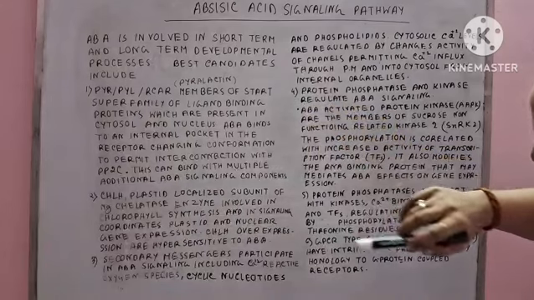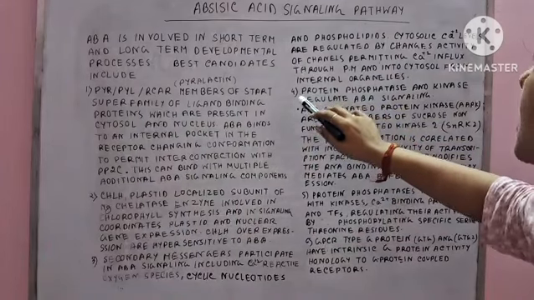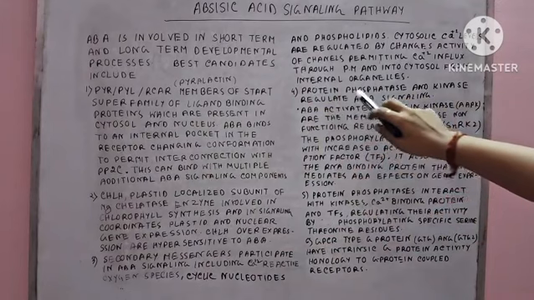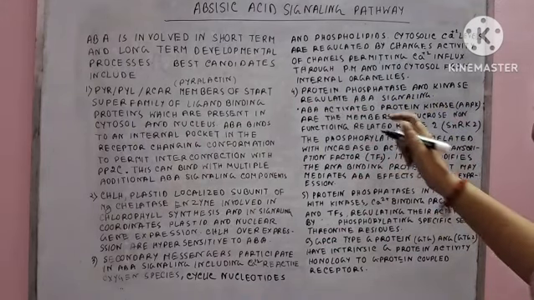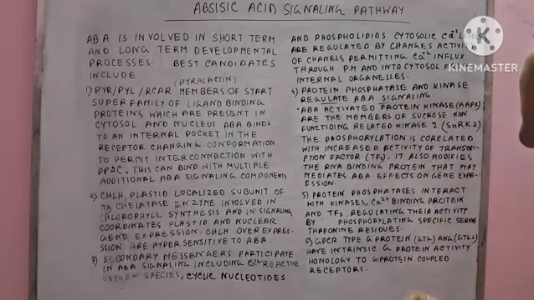And the fourth one is that there are some protein phosphatases and kinases. These also regulate the ABA signaling process.